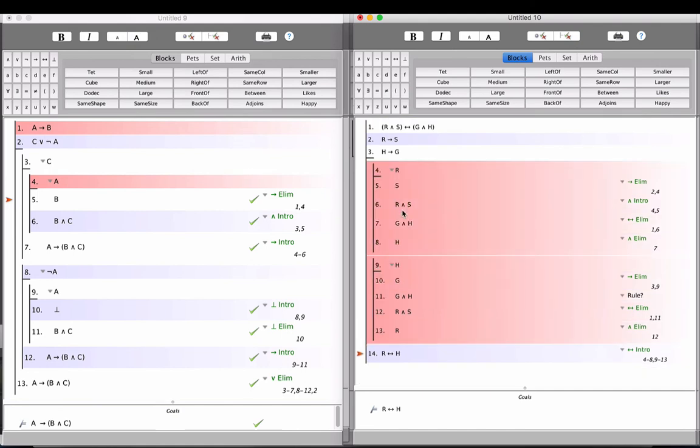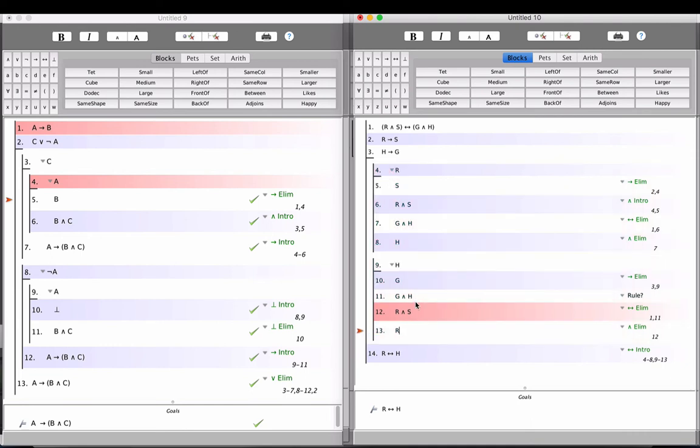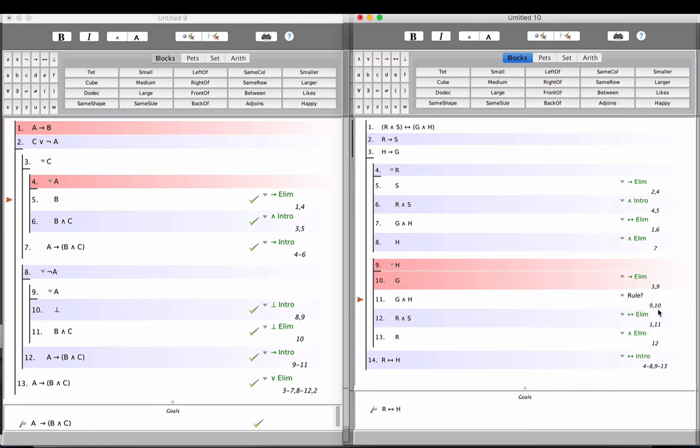Now let's work backward once again. We wanted the biconditional. We set up biconditional intro. We eliminated the conjunction at line 12 to achieve R. We eliminated the biconditional at line 1 by affirming the right side at line 11. We established the right side of the biconditional at line 11 by conjoining lines 9 and 10, conjunction intro.